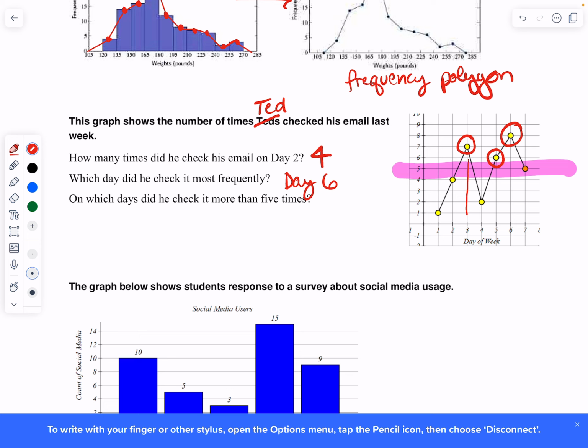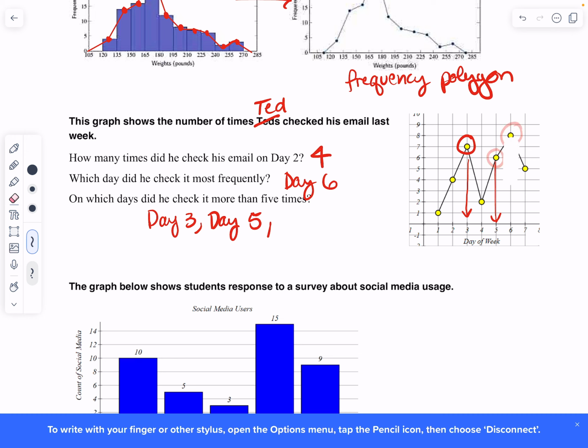Well, if I go down, the first one is day 3. The second one is day 5. And the third one is day 6.